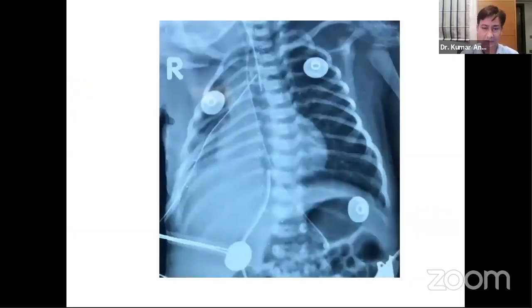Like in this case, this X-ray is nearly central, and we can see that the right side lung is collapsed because the right lower lobe and middle lobe are not visible, and the trachea is shifted towards the right side.